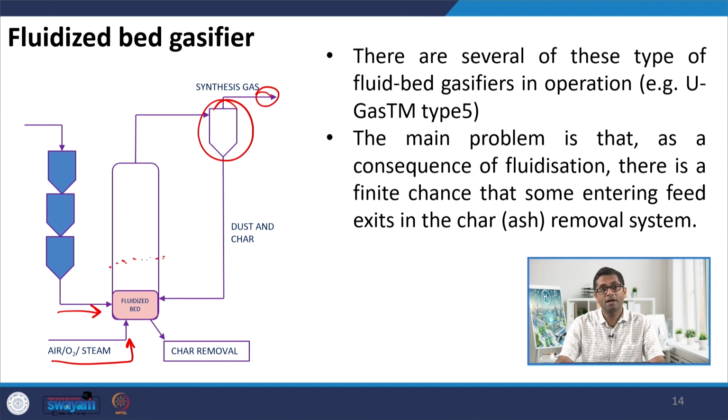Then the other regime that normally is used is called the circulating fluidized bed, wherein the fluidization velocities are way higher, such that the whole bed exits and then comes back through the cyclone, and this is what is called the circulating fluidized bed. Both the technologies have their own pros and cons. We wouldn't go into the detail, but these are the two main variants that are available in fluidized bed.